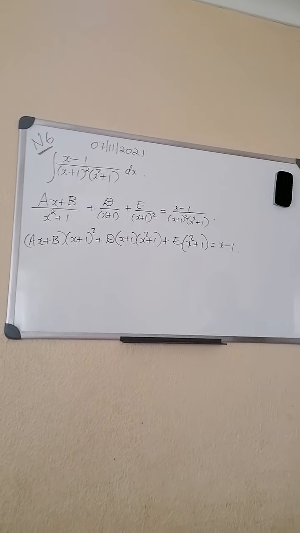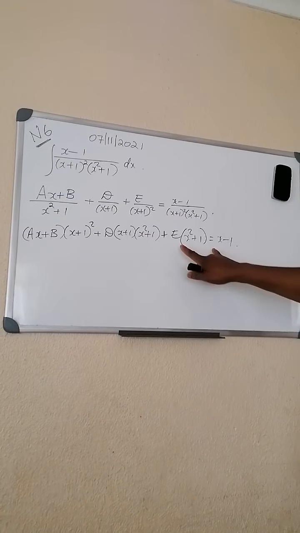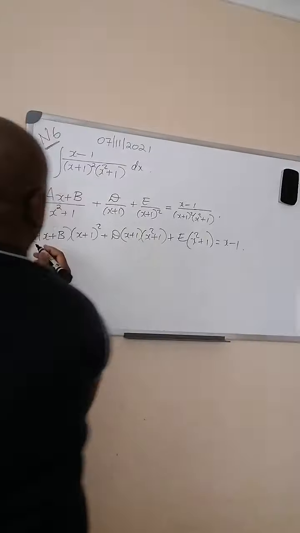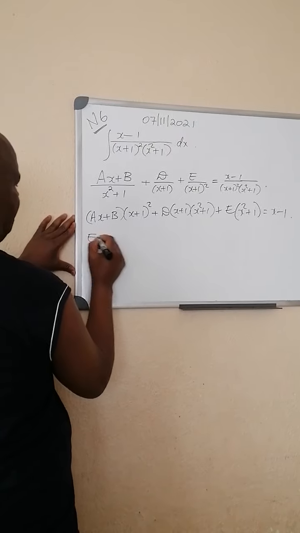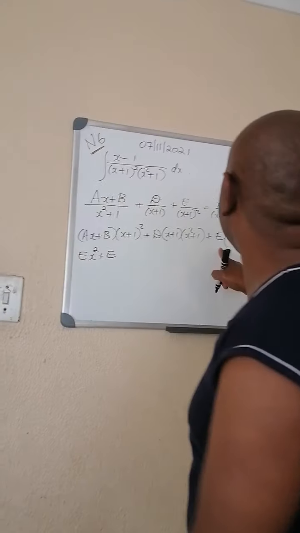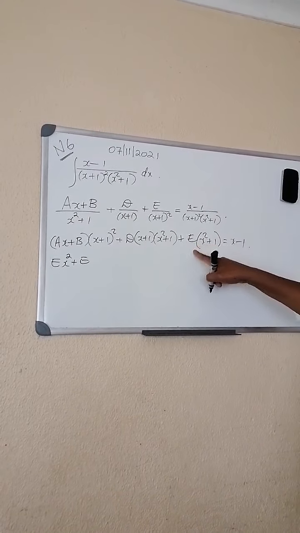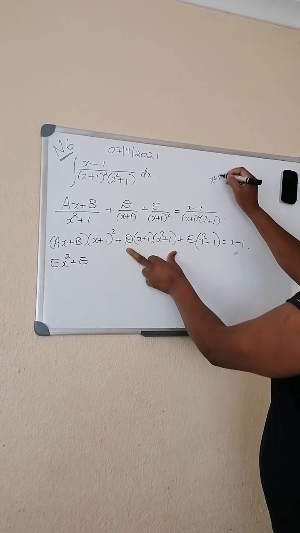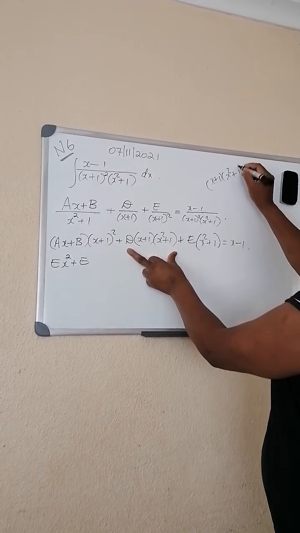So here I will see that for this part I will have ex squared plus e. For this part I've got x plus 1 times x squared plus 1.